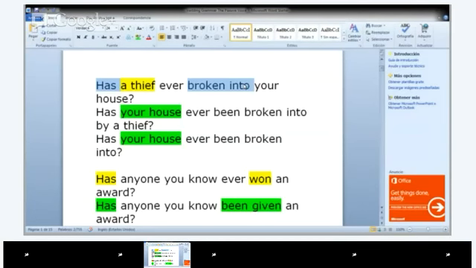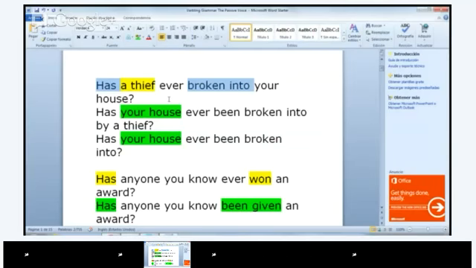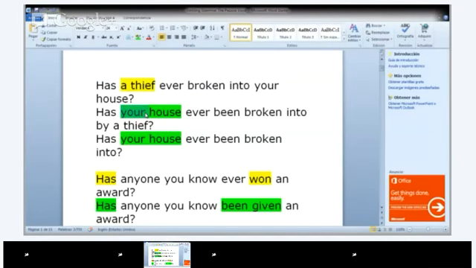All right. Now, what we want to do in the passive form is eliminate the thief or put the focus on your house, because that's more important. It's not something that's right or wrong, it's changing the focus of the sentence. And so the new subject, the new focus of the sentence in green, is your house.